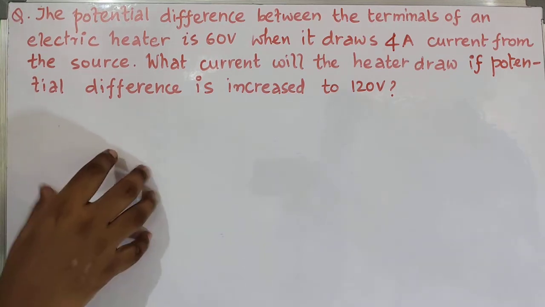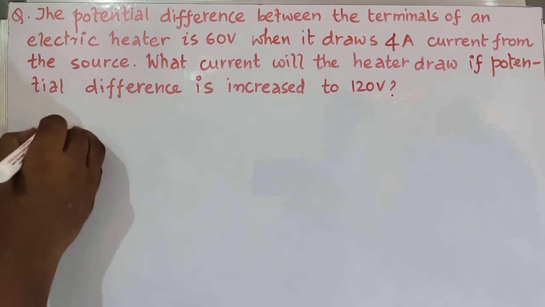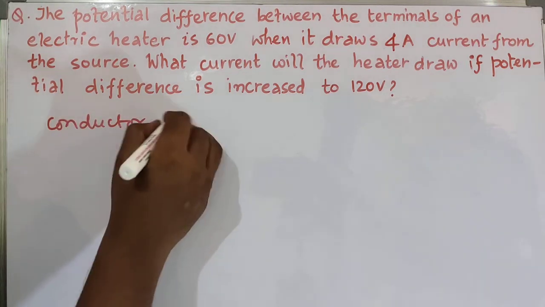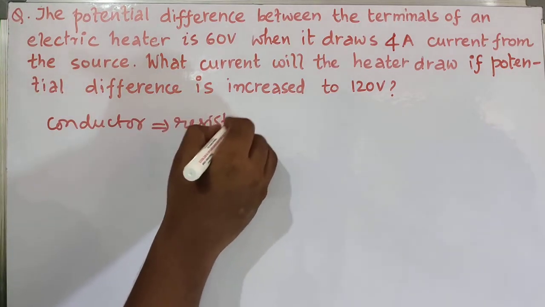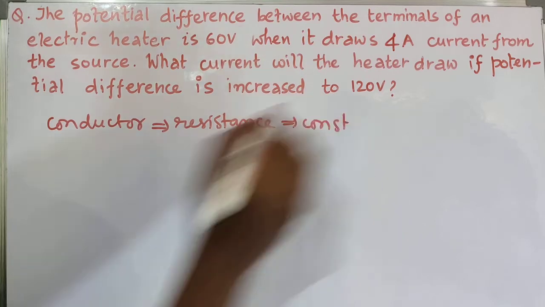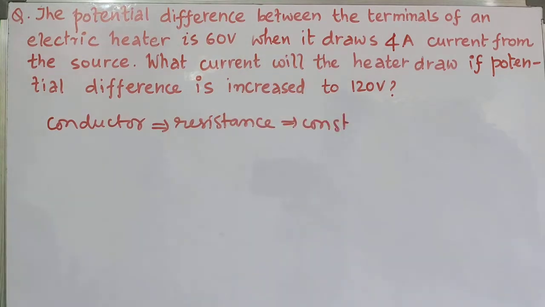Here the conductor's resistance is assumed to be constant, hence we don't need to consider that temperature is constant. Anyway, our resistance is going to be constant.